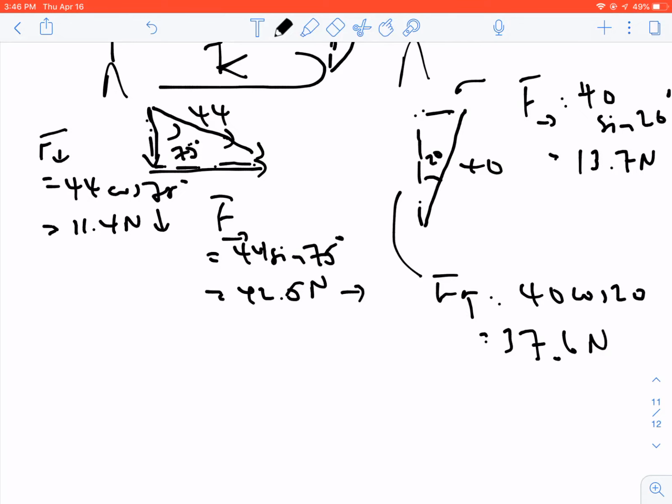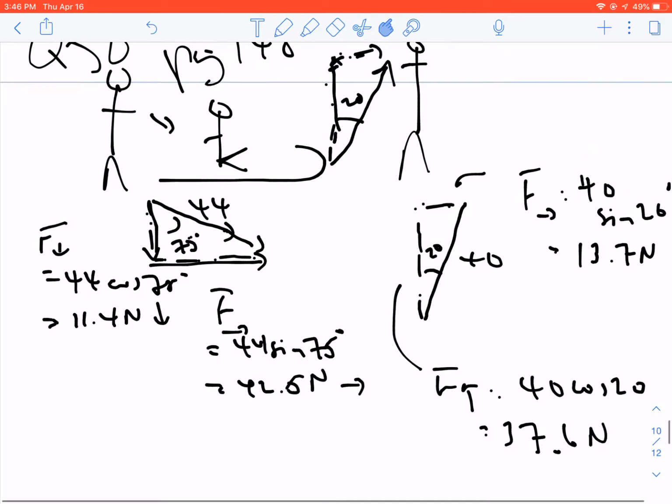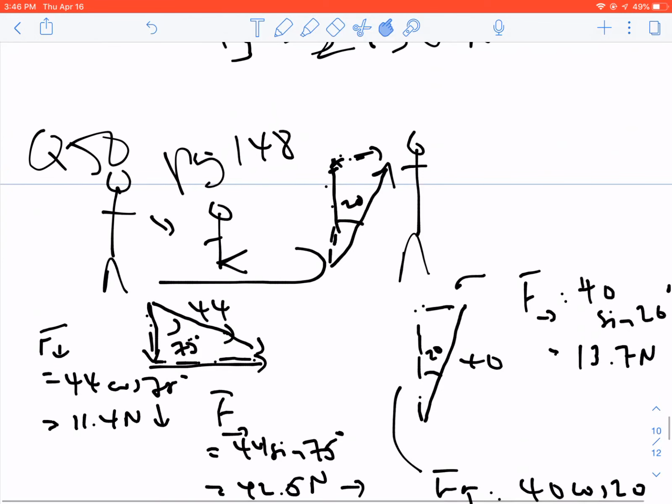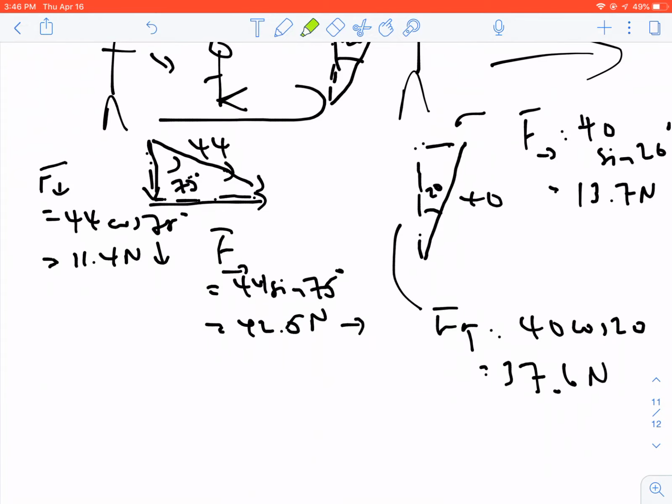Okay, so the question is asking now, calculate the acceleration of the person in the horizontal direction. So as they pull on the toboggan, it is going this way. Right? So I'm going to ignore the up and down forces and only look at the forces that are in the plane of motion, which are this 42.5 newtons here and this 13.7 newtons here.